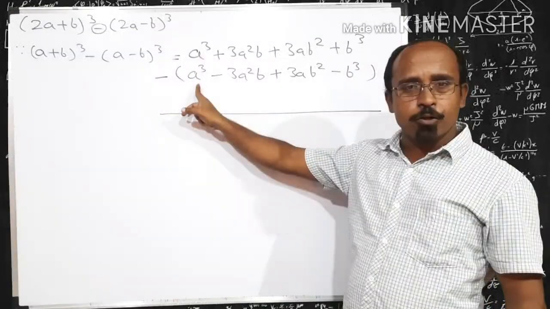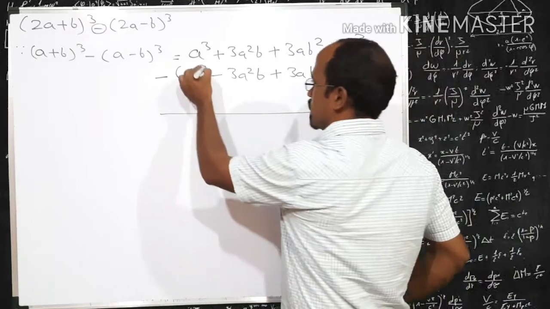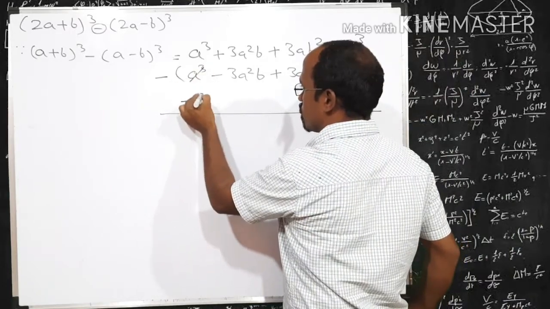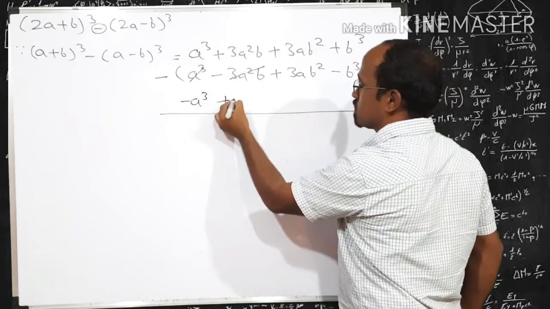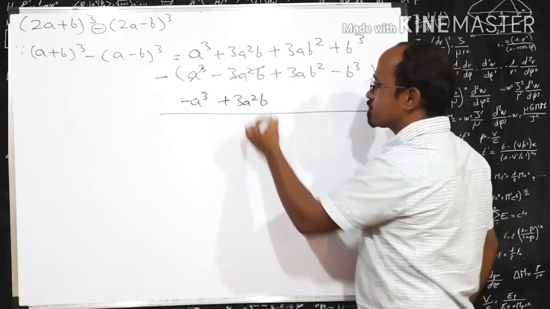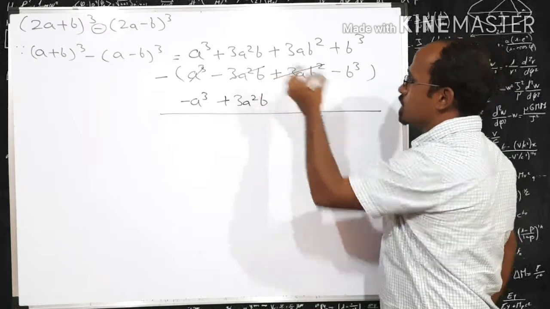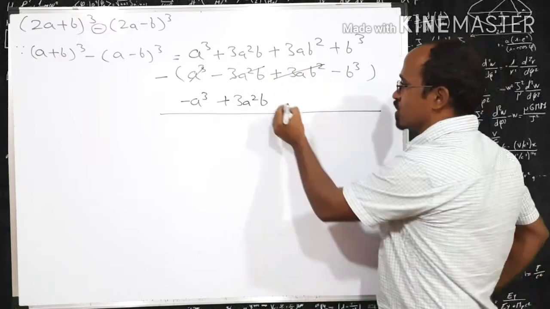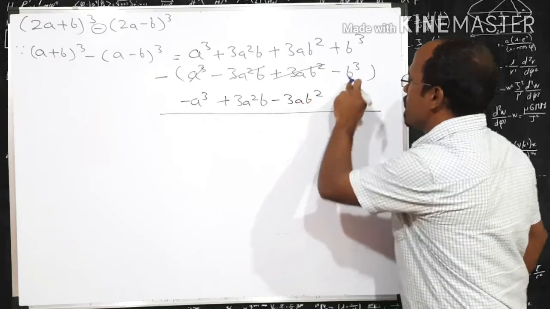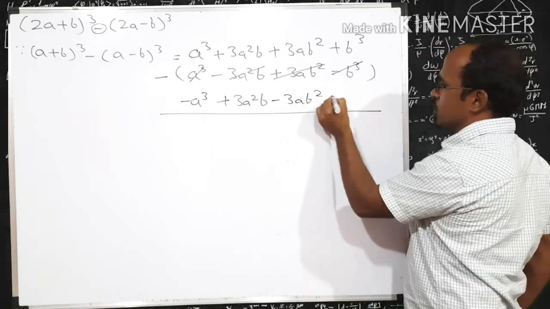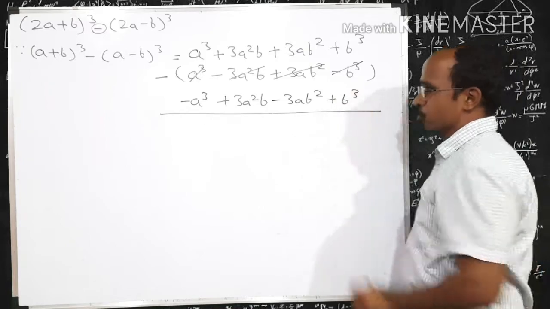So plus a³ will turn into minus a³. Minus 3a²b will turn into plus 3a²b. Plus 3ab² will change into minus 3ab². Minus b³ will change into plus b³.